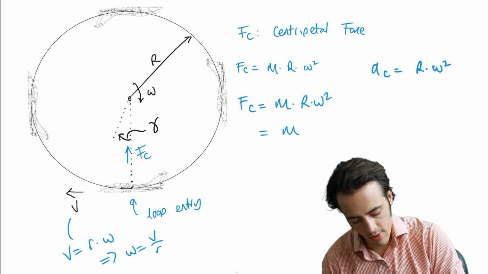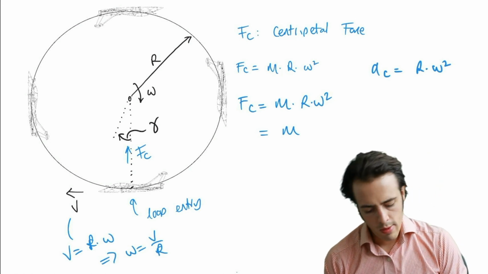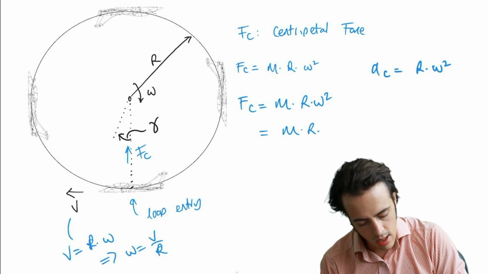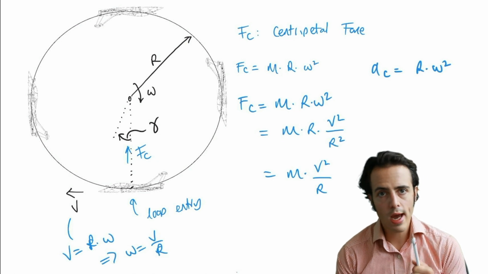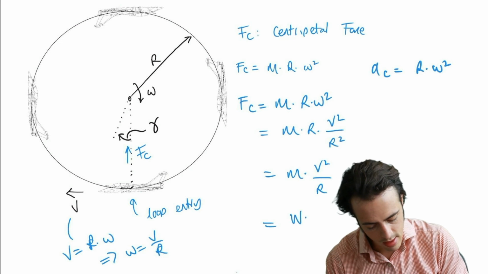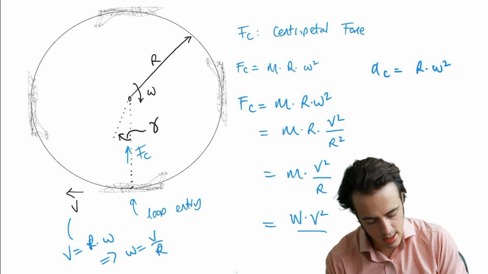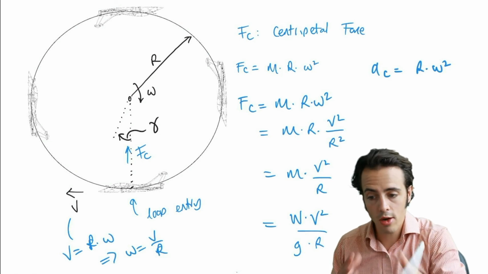So Fc becomes, I've drawn these as lowercase r's over here, let's change them to uppercase, m r v squared divided by r squared, which is equal to m v squared divided by r. We can also represent the mass as the weight divided by the gravitational acceleration. So this becomes the aircraft weight multiplied by the flight speed squared, divided by gravitational acceleration multiplied by the radius of our curve, or the radius of this circle that we're traversing.